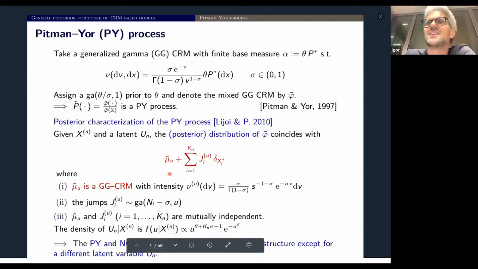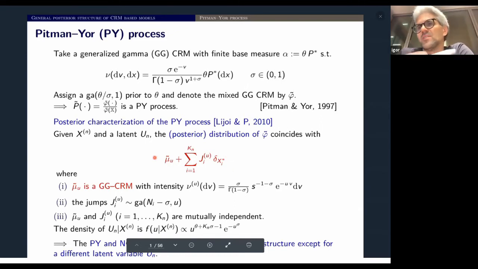This nice structure will have underlying an updated CRM, which is a generalized gamma one. You will have again gamma jumps, and obviously the jumps and the completely random measure are independent. So you get essentially the same posterior structure you have for the normalized random measures.